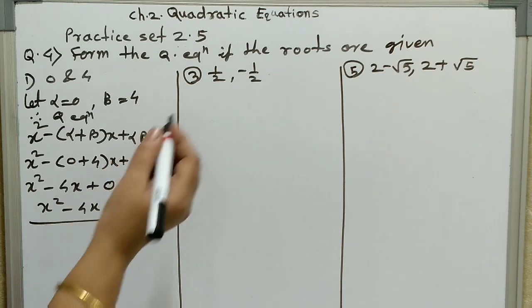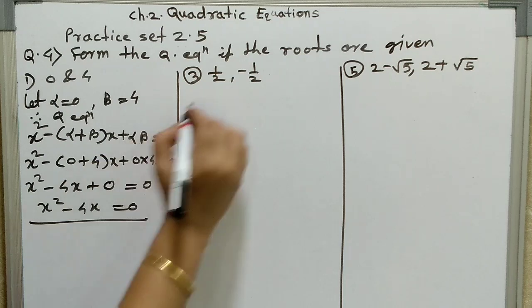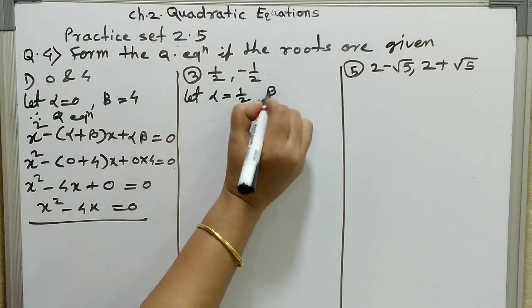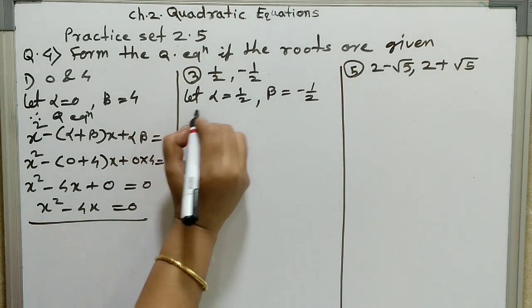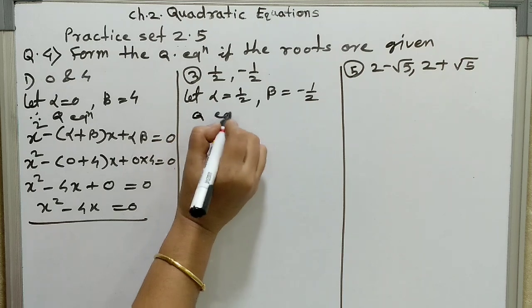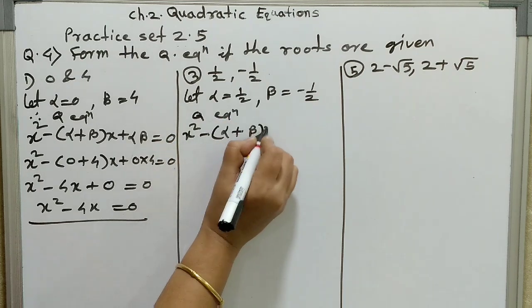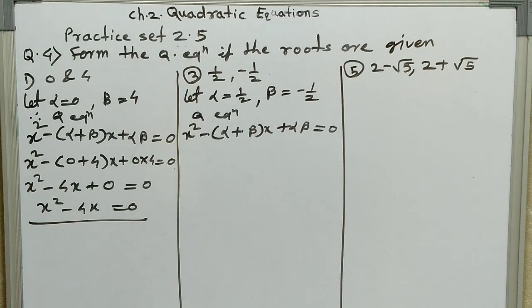Now next, the roots are 1 upon 2 and minus 1 upon 2. So let alpha be equal to 1 upon 2 and beta be equal to minus 1 upon 2. Our required quadratic equation is x square minus alpha plus beta x plus alpha into beta equal to 0.